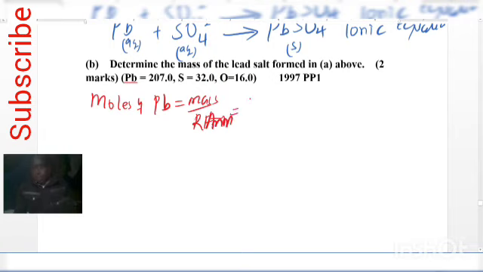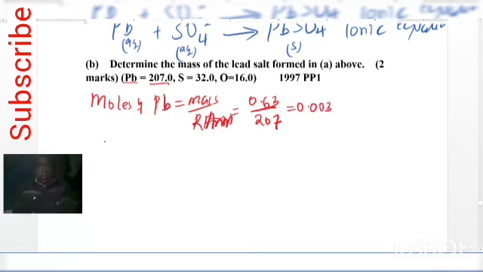Now this one will be equal to 0.63 divided by 207, because the RAM of lead is 207. This one gives us 0.003 moles.